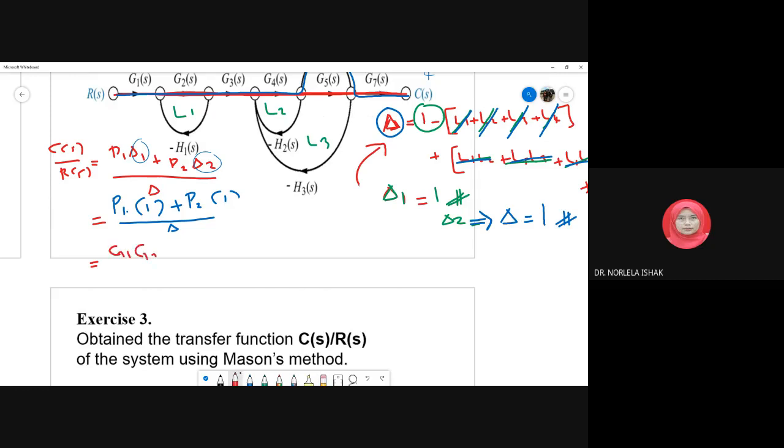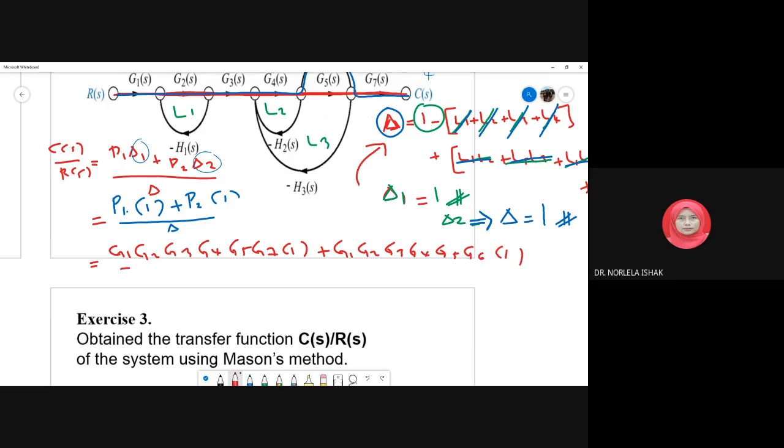G1, G2, G3, G4, G5, G7 multiply with 1 plus P2, G1, G2, G3, G4, G5 and G6, right?